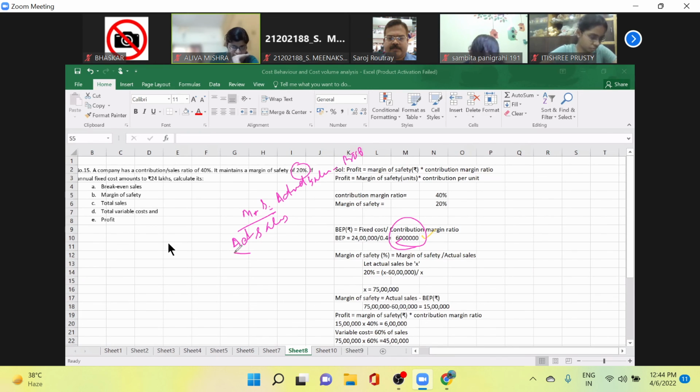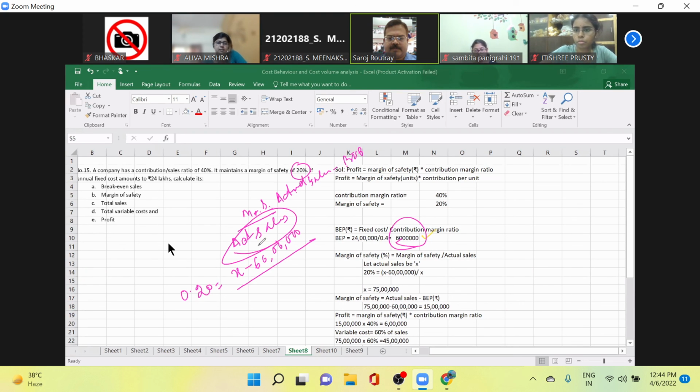And we don't know the actual sales, so let it be X. Margin of safety is 20%, 0.20, equals actual sales X minus BEP 60 lakhs, divided by actual sales X.